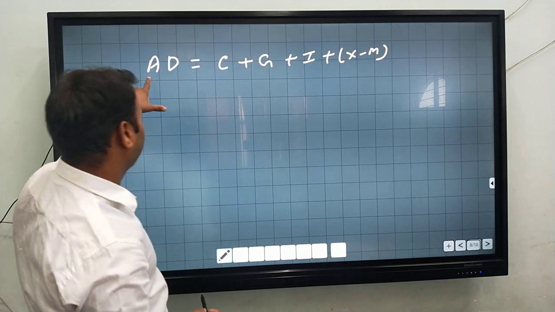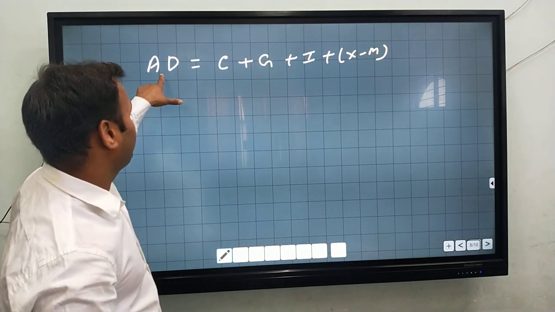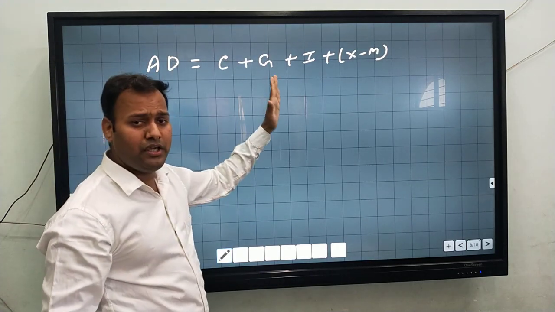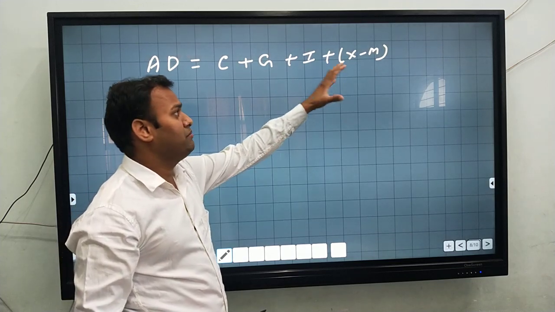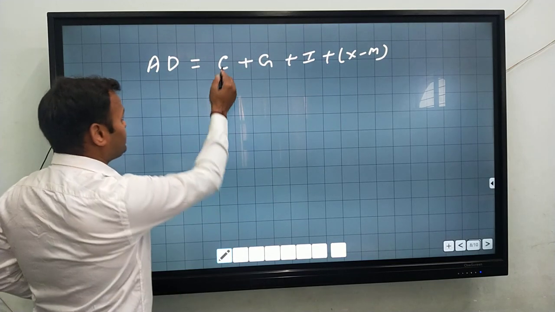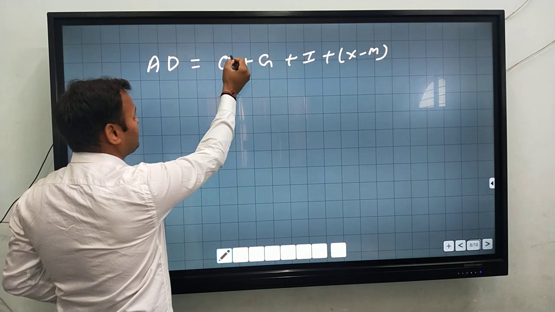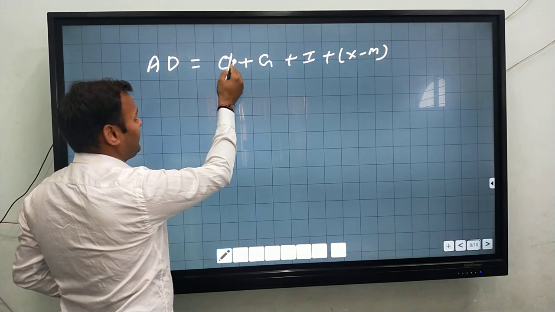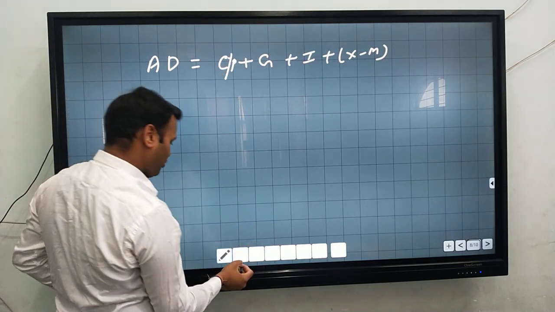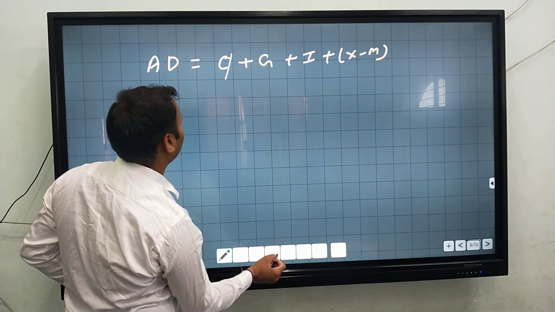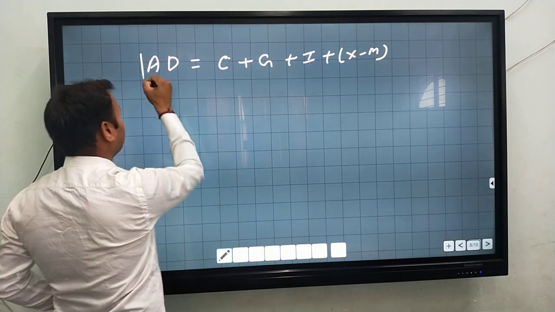Now the aggregate demand is the same. So aggregate demand is C plus G plus I plus X minus M. Okay. In some books they write P. Already discussed. So you can write P also or C. Both are the same. Okay. So I consider C.